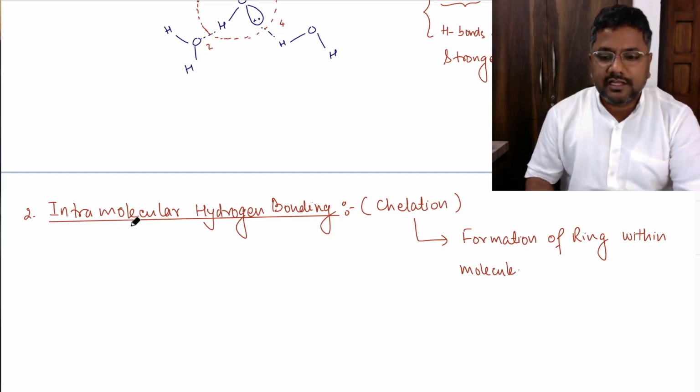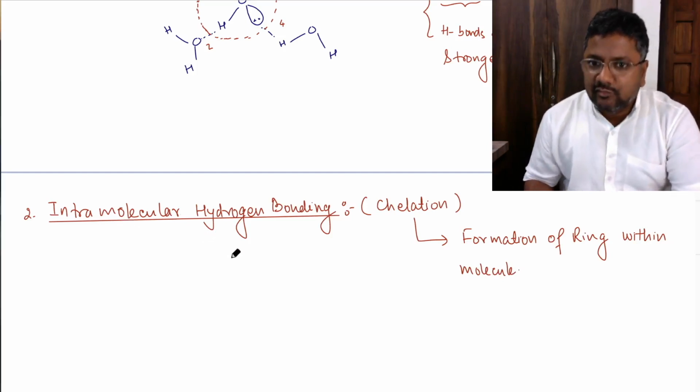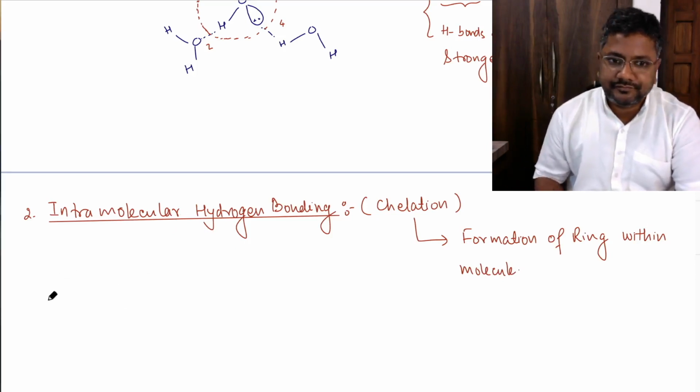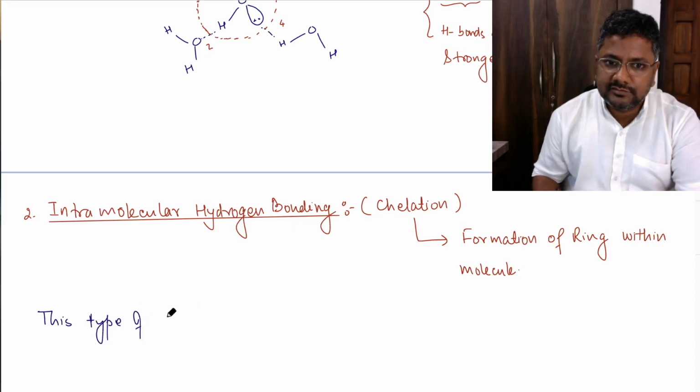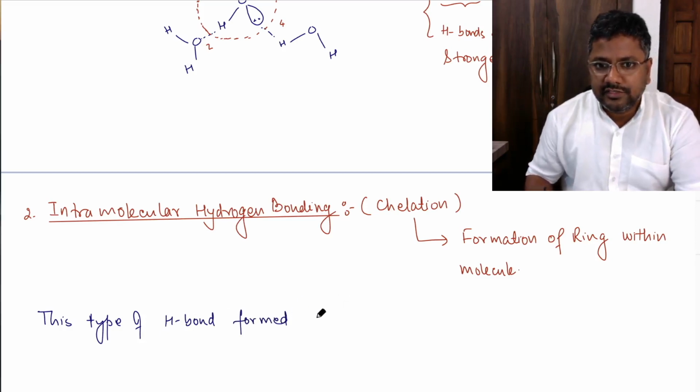So it is clear that this intramolecular hydrogen bond is formed within the molecule. This type of hydrogen bond is formed within the molecule.